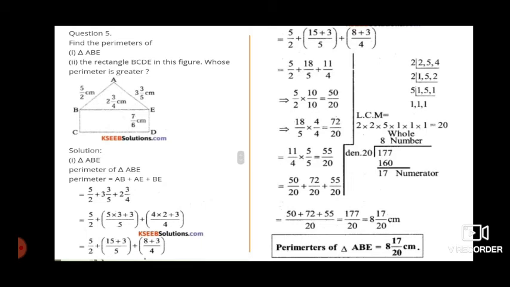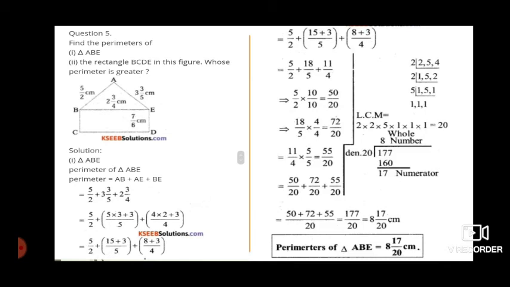Now take the first fraction 5 by 2. The denominator we already have is 2. To get 20, we have to multiply by 10. So 5 by 2 into 10 by 10 is 50 by 20. Next, 18 by 5 into 4 by 4, because 5 fours are 20.